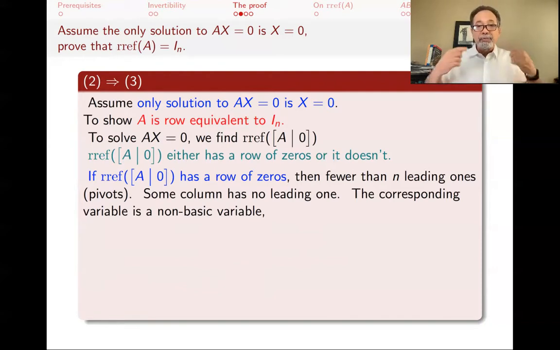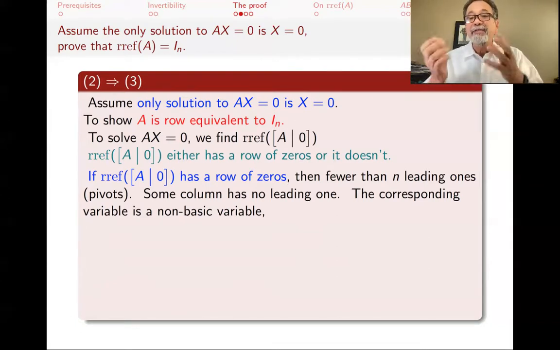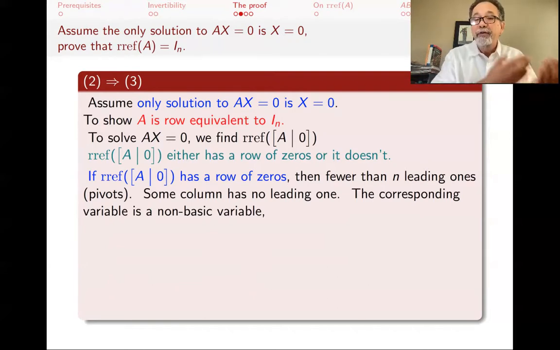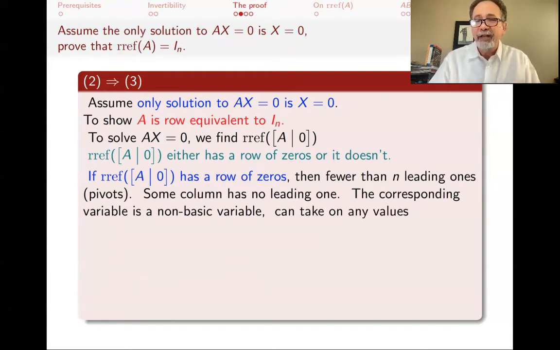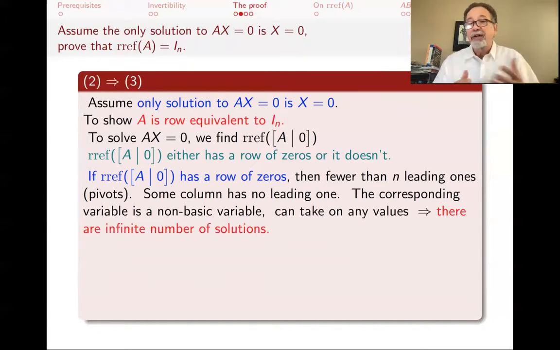If you remember how you solve systems of equations, when you have a column with no leading one, that's a non-basic variable, a free variable, a variable that can be anything you like, and then you can solve for basic variables in terms of that. So that non-basic variable can take on any value, which means that because you can solve everything else in terms of it, there are going to be an infinite number of solutions.